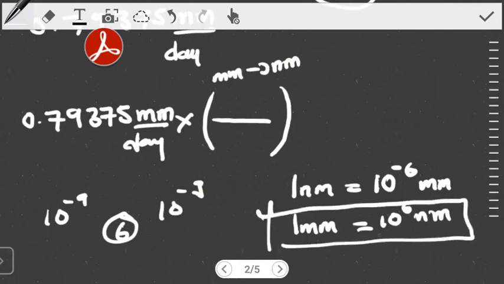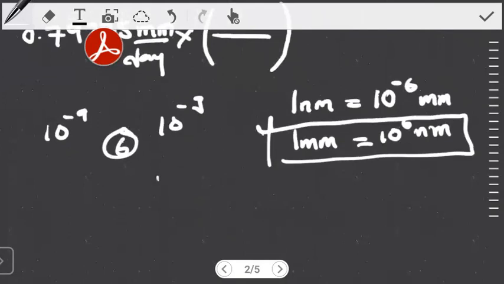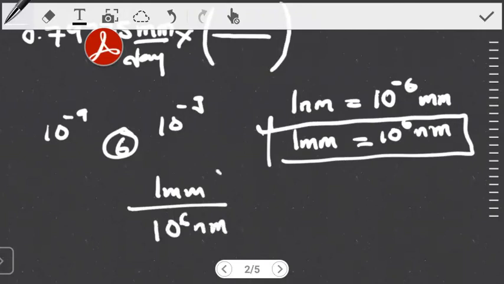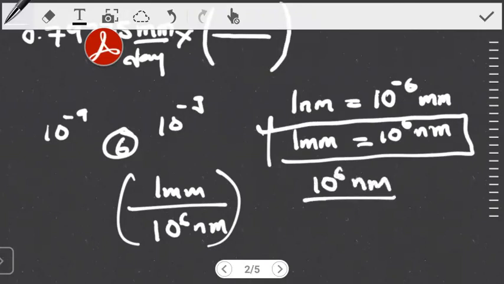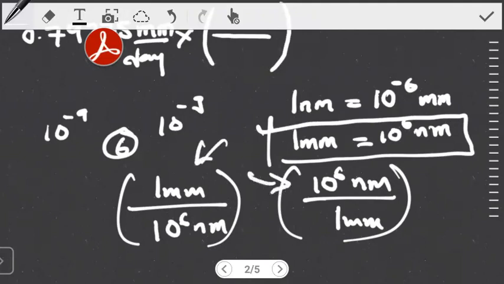What this kind of tells you is that if I had 1 millimeter and I divide this by 10 to the power 6 nanometers, this is just 1 because they are equivalent. So when I divide them, I'm literally supposed to just get 1. Even if I had 10 to the power 6 on top, and then the 1 millimeter down, this is still the same thing. So whether I use this or I use this, it depends on what I'm working with. You'll see exactly what I mean with that.